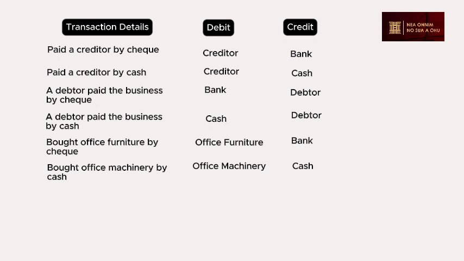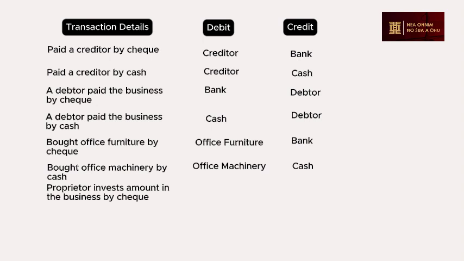Now, let's look at this one. The proprietor invests in the company account by check, or makes a payment into the company account by check. Who is the proprietor? The proprietor is an owner, a shareholder, a member of the company.